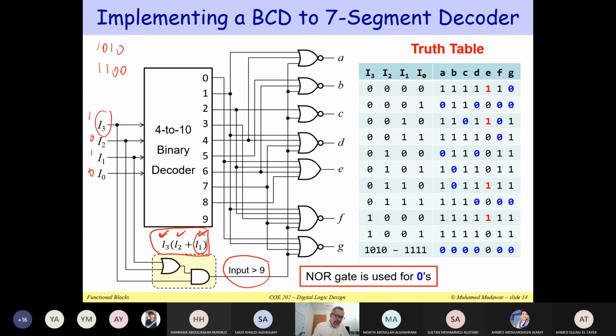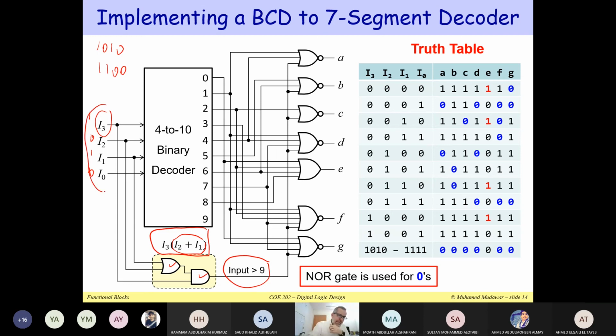Rather than using a larger 4 to 16 binary decoder, we can simplify the logic by just writing a simple expression: one OR gate that will OR I2 and I1, and one AND gate, and the output indicates that the input is greater than 9. So this equation can be obtained easily. We can obtain it even with the help of a Karnaugh map, if you want.